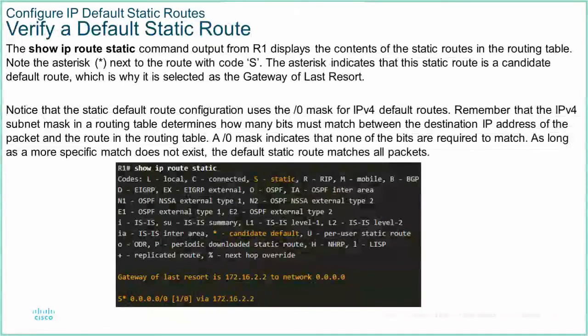Now, if I had more than one static route with the asterisk, this first value would determine which one I would use. Admin distance of 0 are directly connected networks. Manually configured networks default with an admin distance of 1. But we can change that value.